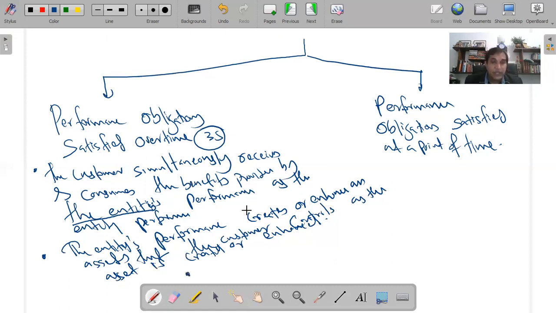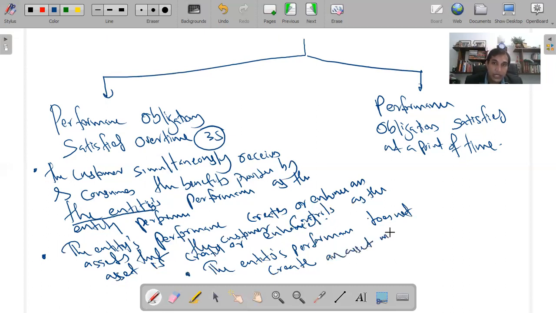the entity's performance does not create an asset with an alternative use to the entity.